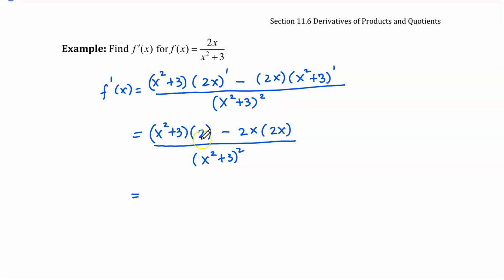So when simplifying this, you just distribute 2 to each term in the parentheses, and then here as well, and then combine similar terms.